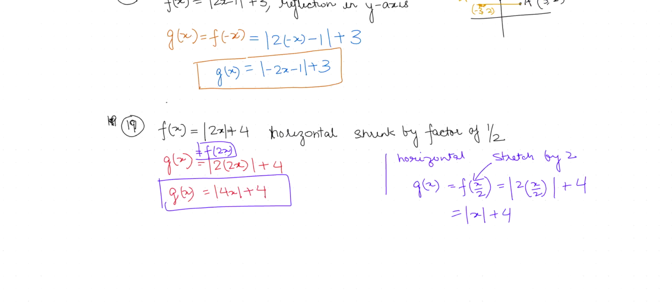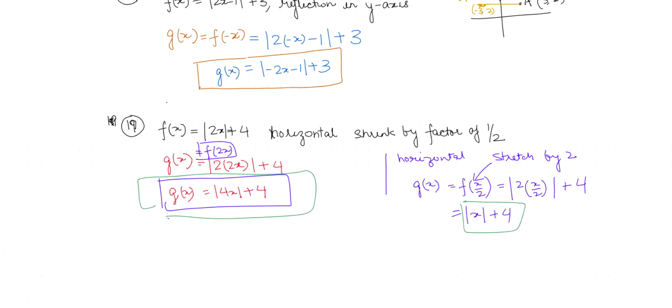So this is our answer for horizontal shrink. If it had been a stretch, then this would have been the answer. We would have replaced x with x by 2. Here we replaced x with 2x.